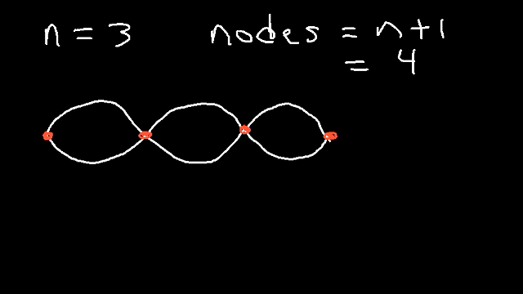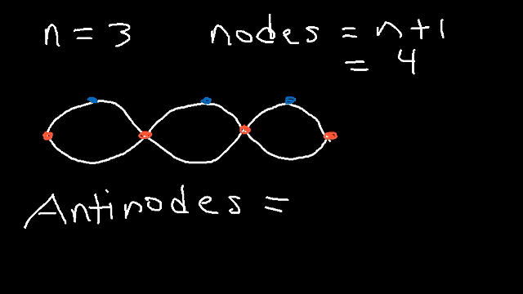So basically we have 4 nodes. Now the antinodes is where you have maximum displacement, or the amplitude is at a max. The number of antinodes turns out to be simply equal to the n value, or the number of loops. So in this case we have 3 antinodes. So make sure you know that too.